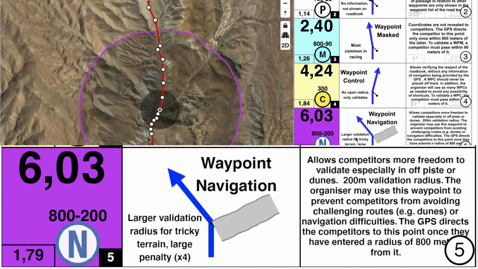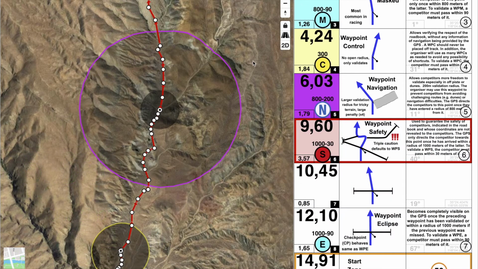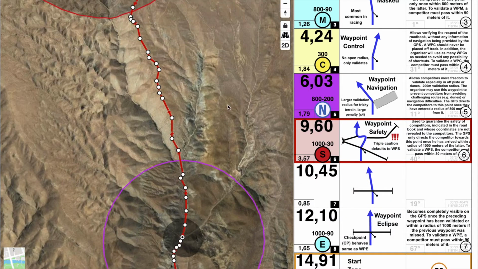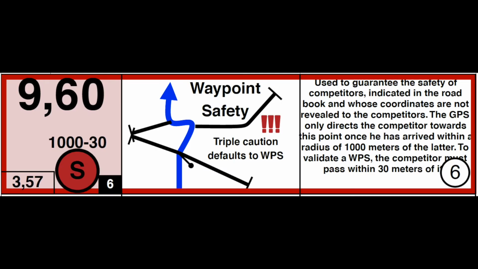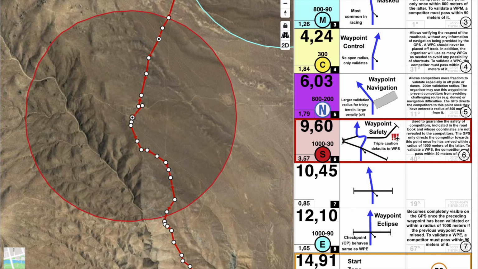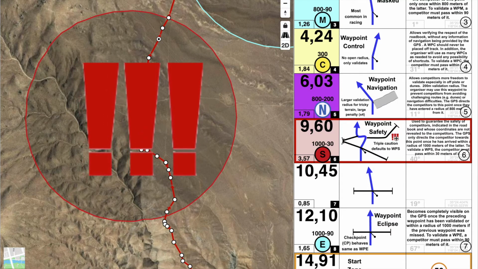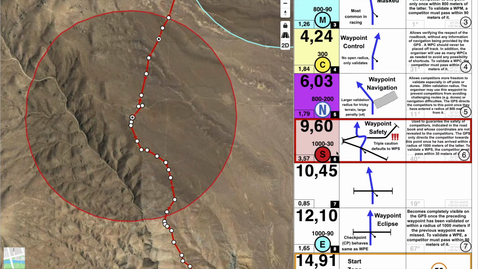Then if we move up, the next one that we get is a Waypoint Safety. Now the organization can choose to use the Waypoint Safety in many different ways. A common and standard way you will see, with this red block around here, is when you use a triple caution. So you have to pass through a Waypoint Safety.